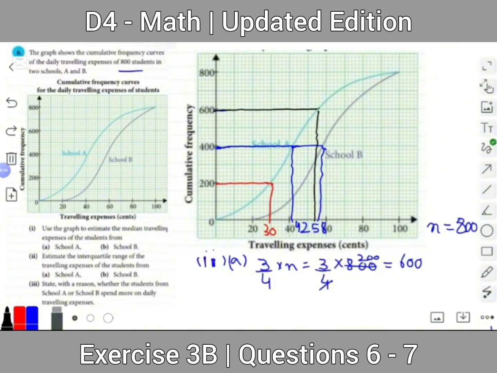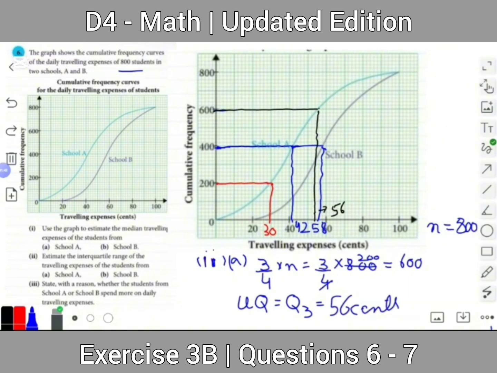So from the horizontal axis we get the value. Here we have 50, 52, 54, and about 56. So the value is 56. So the upper quartile, Q3, is equal to 56 cents.